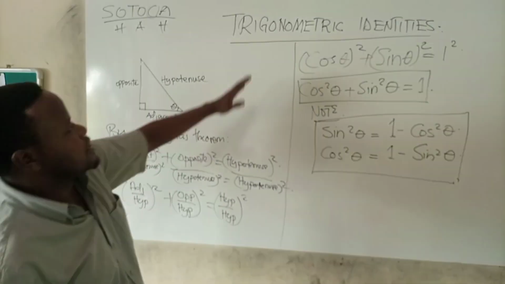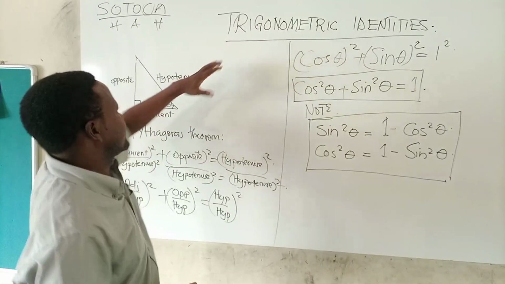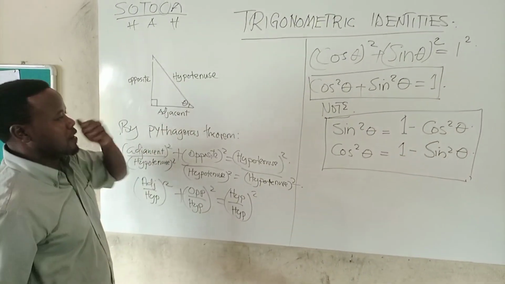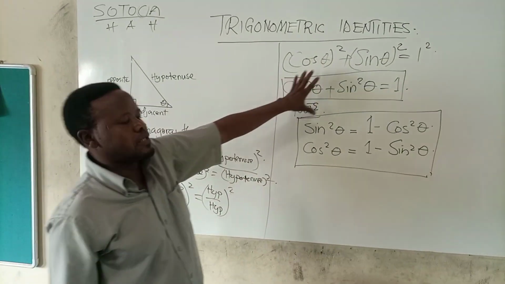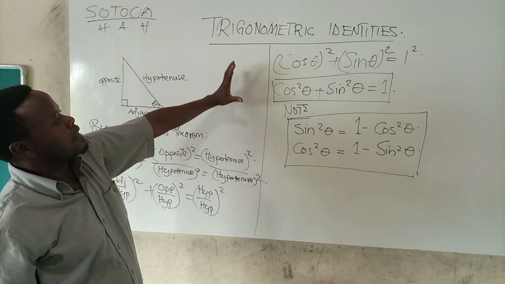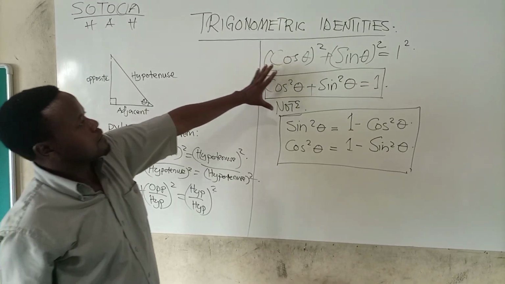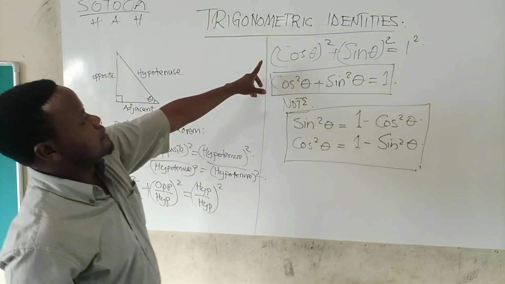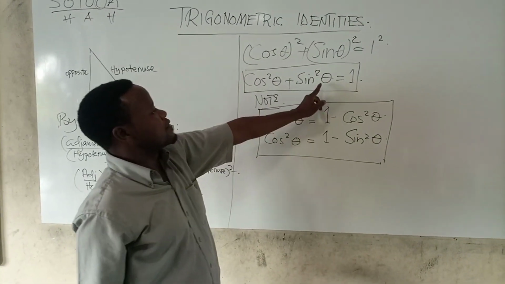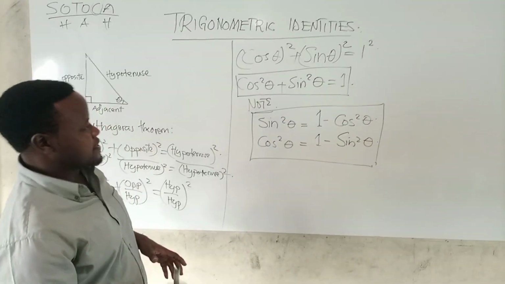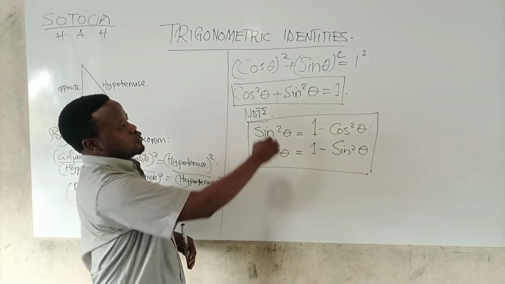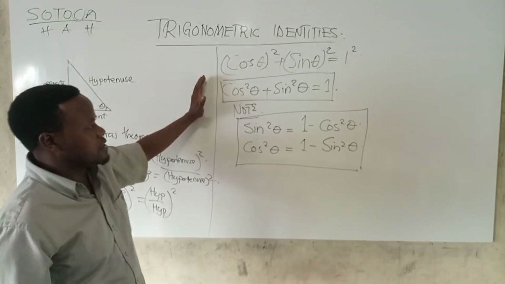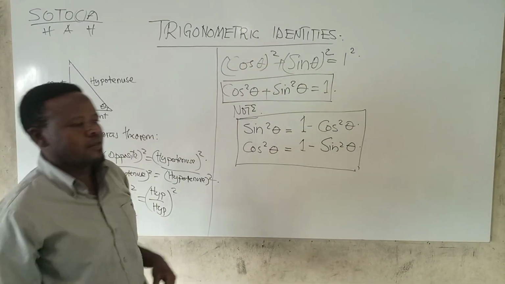I think this will be going in a series, from basically how we started from the beginning and tried to derive the identity, which is cos square theta plus sine square theta is equal to 1. So next time we will see examples on how to solve some questions which come in this modality.